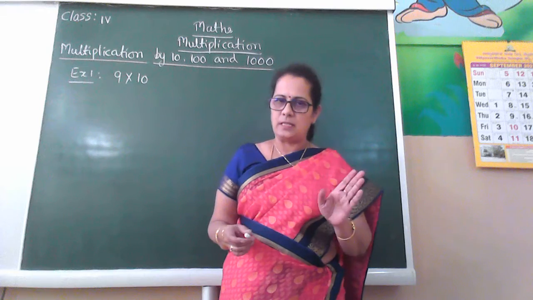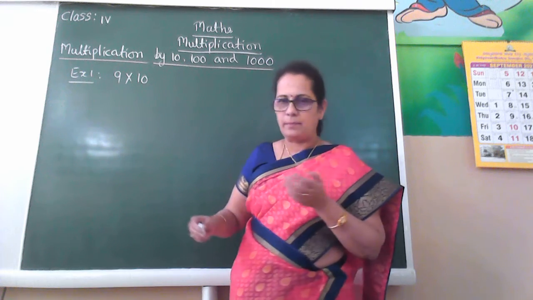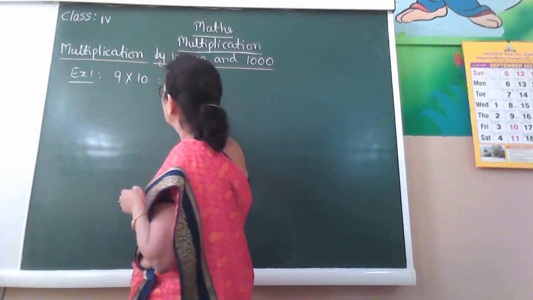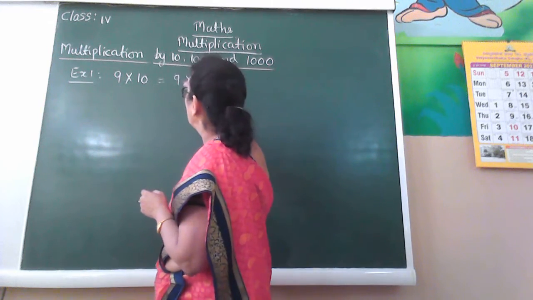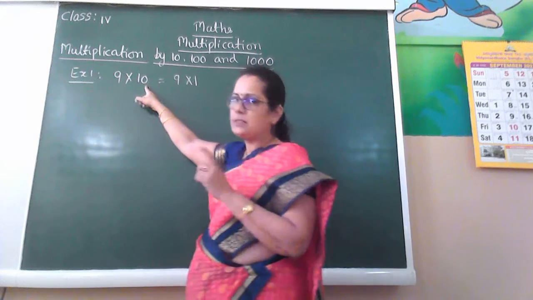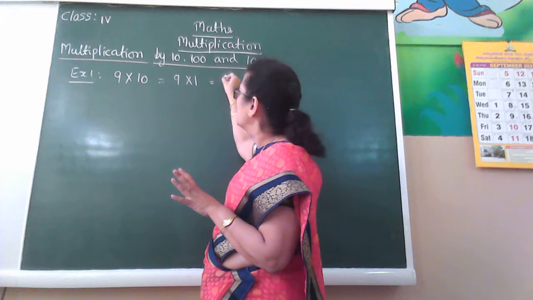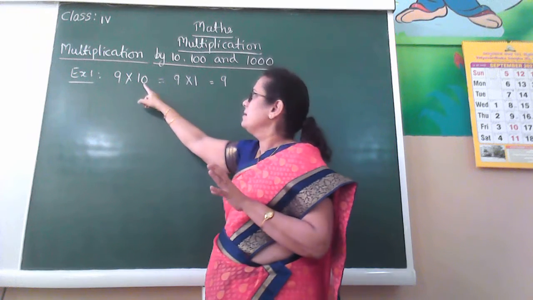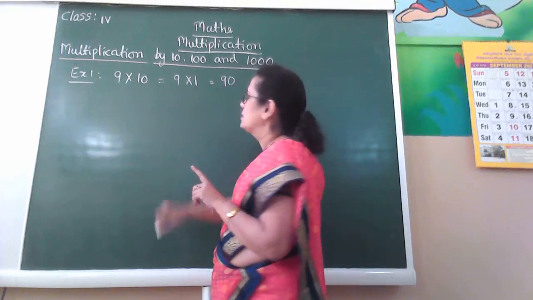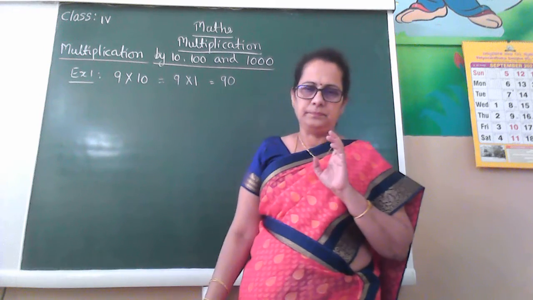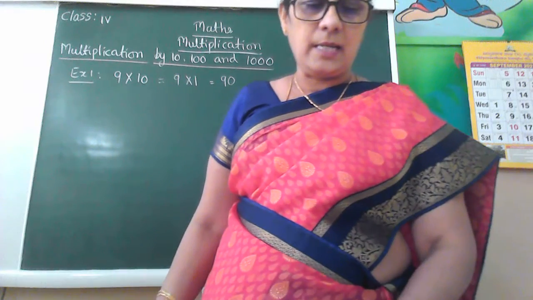Some concept is there. When they give any number, if it is multiplied by 10, first you take the given 9 and also 1. Leave 0. 9 into 1, how much? It is 9. Then the remaining 0 you give after 9, you get 90.